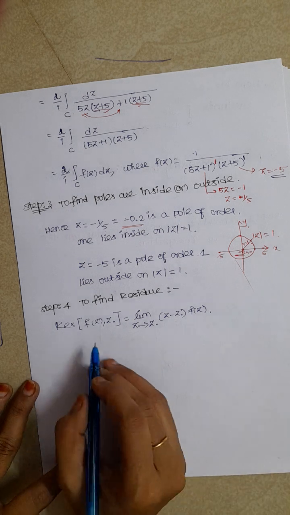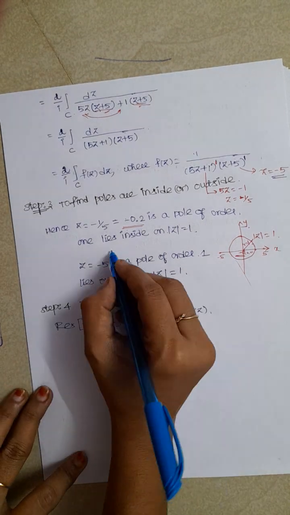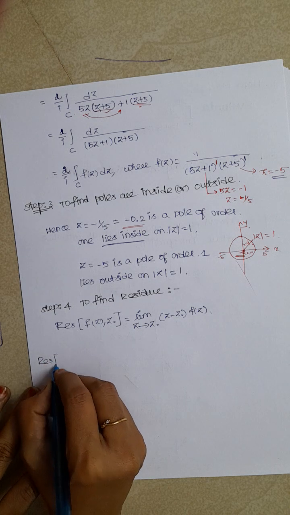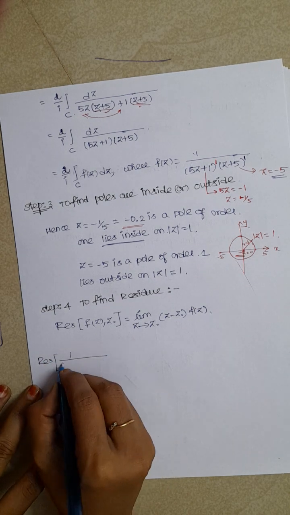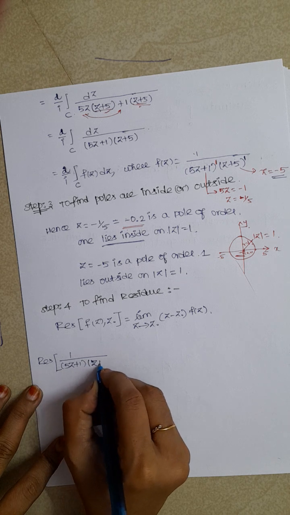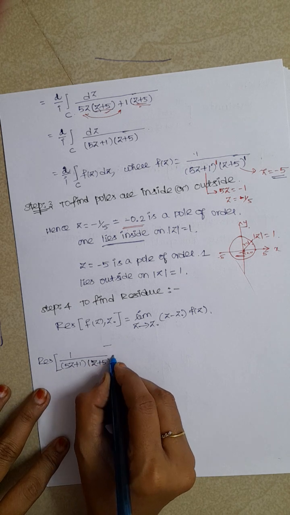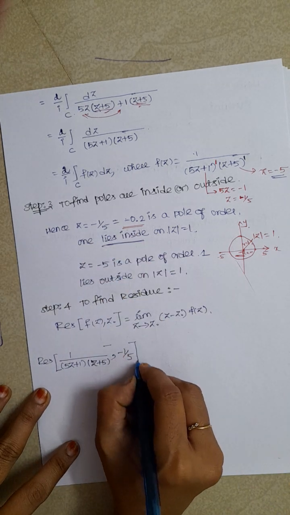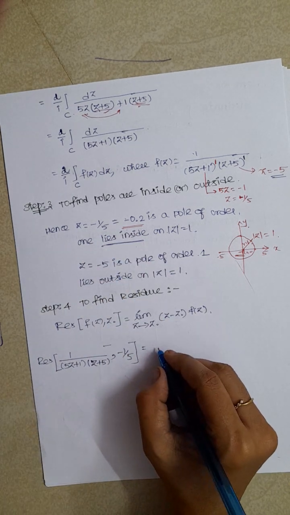You can substitute f of z and the z naught value inside. So residue of f of z equal to 1 by (5z plus 1)(z plus 5) at z naught equal to minus 1 by 5.